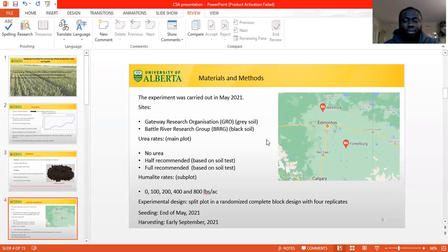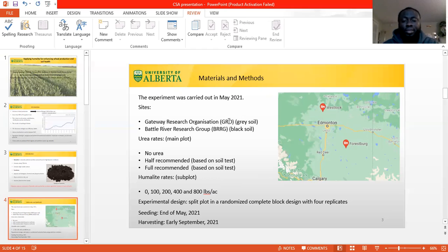The experiment was carried out in a typical crop rotation program in Alberta. So this year, wheat was grown, and next year we are going to plant canola. The experiment was carried out in May 2021 at Gate Research Organization, which is north of Edmonton.